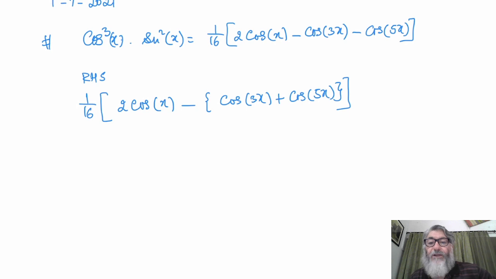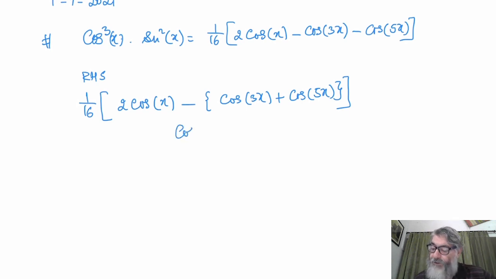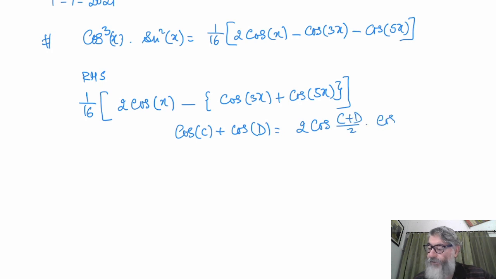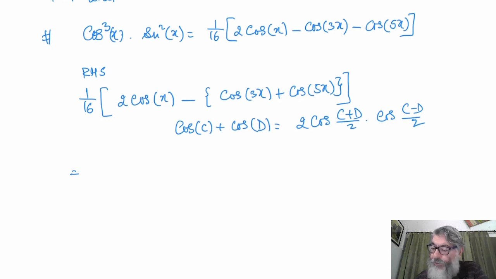It is cos c plus cos d. Cos c plus cos d is equal to 2 cos c plus d upon 2 and cos c minus d upon 2. So instead of c you have 3x, in place of d you have 5x.